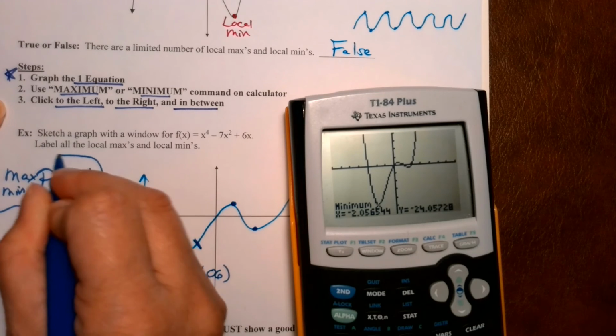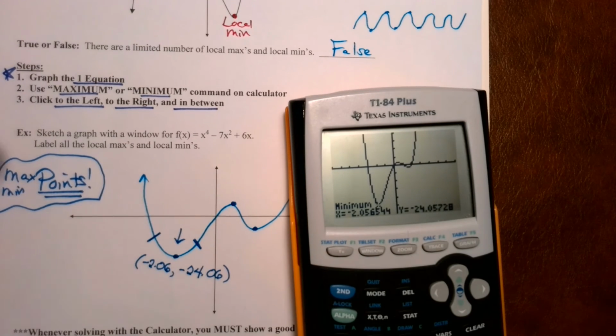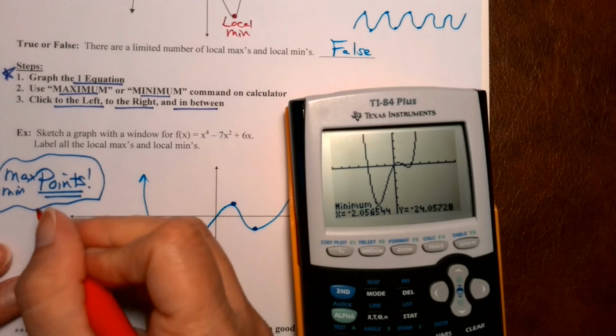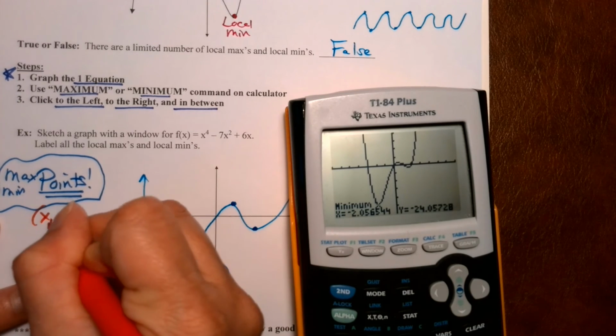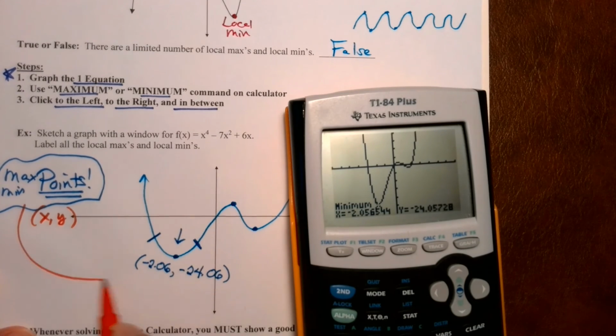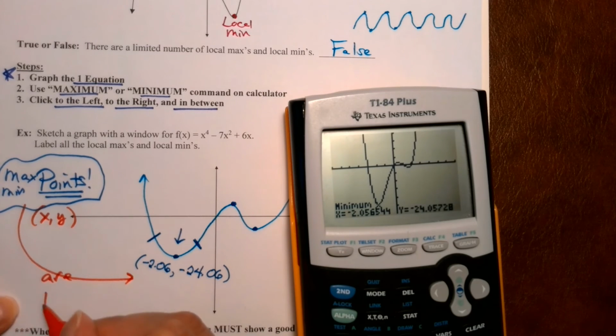These are not solutions, these are points. And remember, to write a point, you're going to write it in x comma y form. Points need parentheses with an x and a y value.